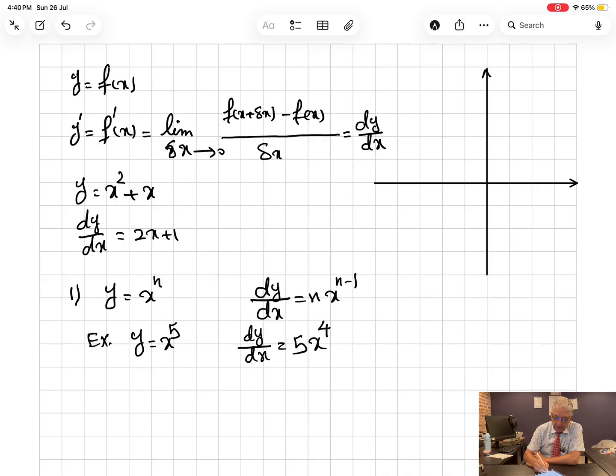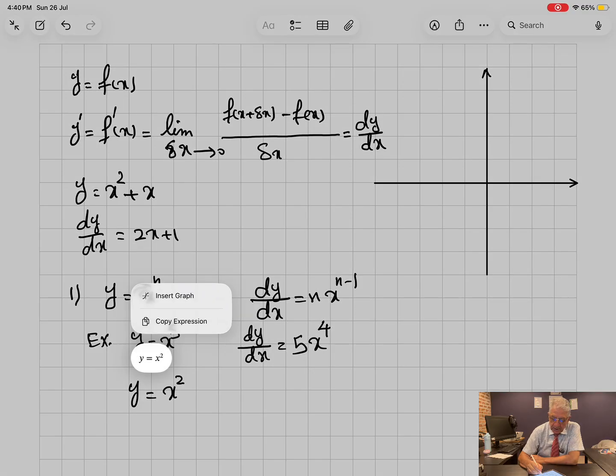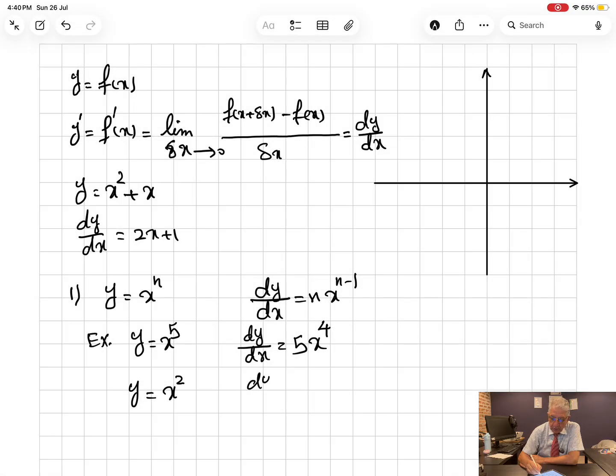Another example, if y is equal to x to the power of 2, which we have done here, we got 2x. Therefore dy by dx is equal to 2, that means n comes as a coefficient, x to the power of 2 minus 1 is 1, therefore it is 2x. So, this is the first rule, let me underline it so that you will remember this is our first rule.